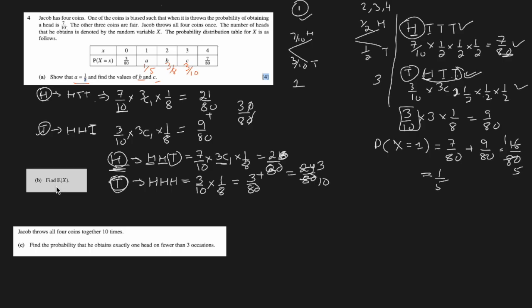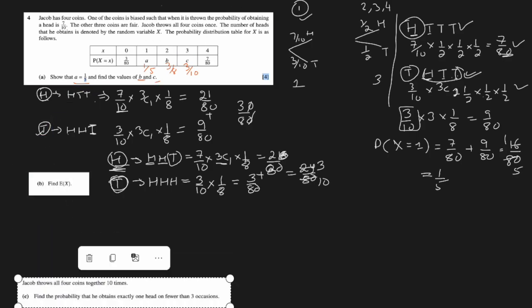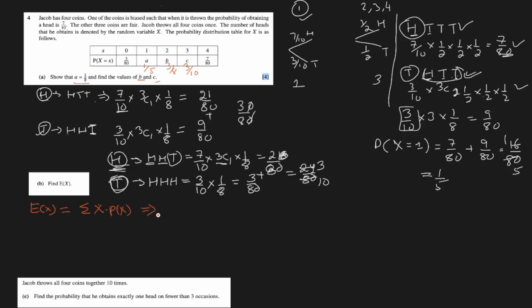Next question says find E(X), expected value of X. So for expected value of X, we should have sigma X times P, probability of that X. Sigma means we'll have to add them. So 0 is X and its probability is 3 over 80.